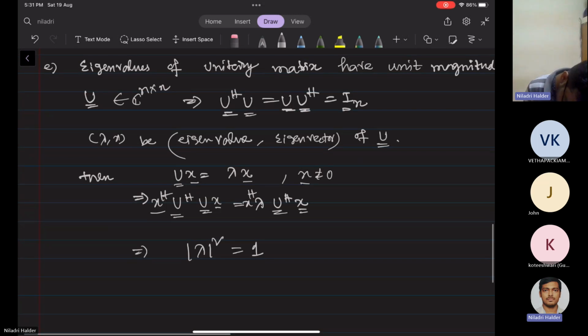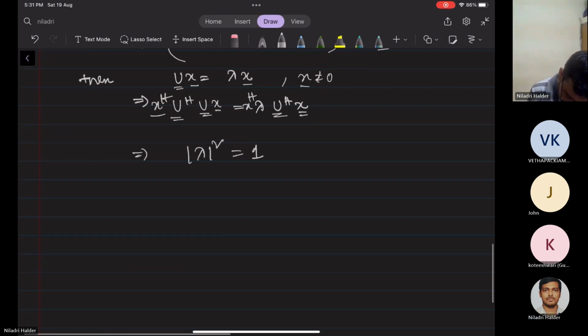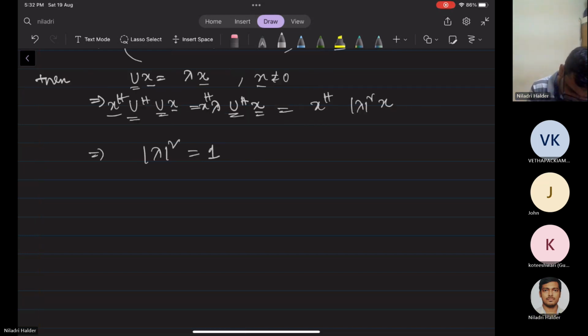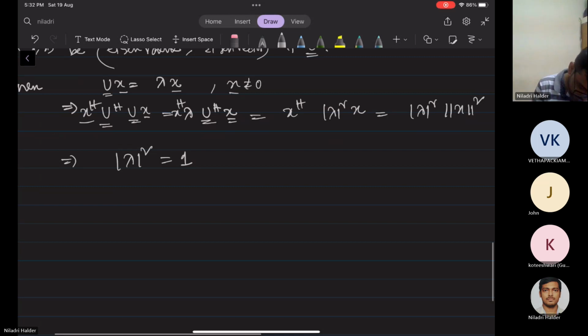There is also one easy proof. This means summation. This is the identity matrix.